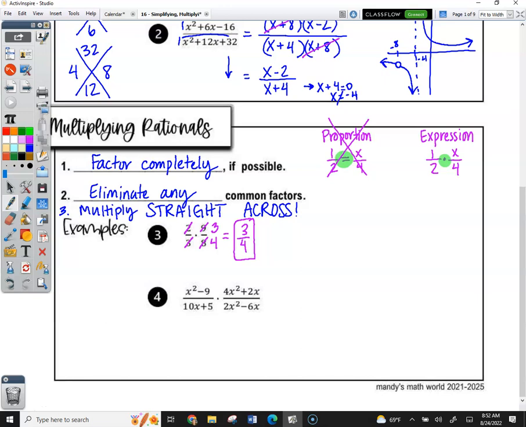So looking at this is where you got to start recognizing what's that. That's a difference of squares right here. I'm going to say d of s, difference of squares. So that's going to be x plus 3, x minus 3, right? You square root both terms, and then one's positive, one's negative. Now look underneath it.